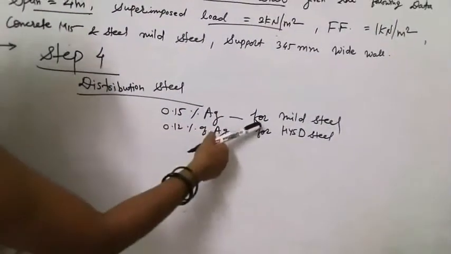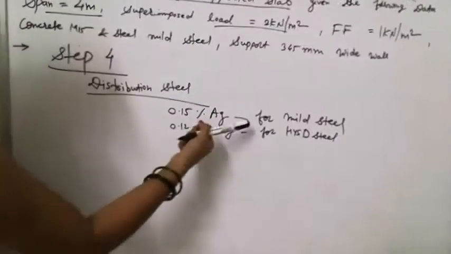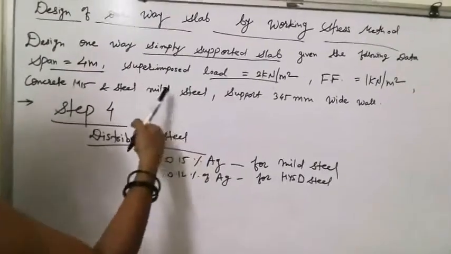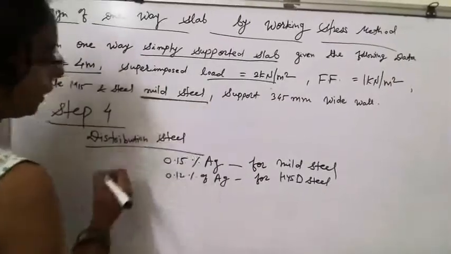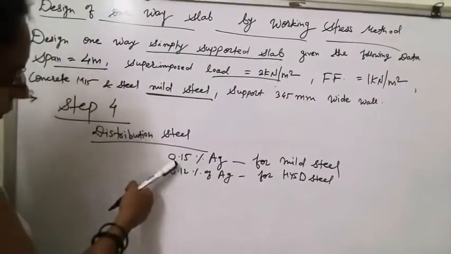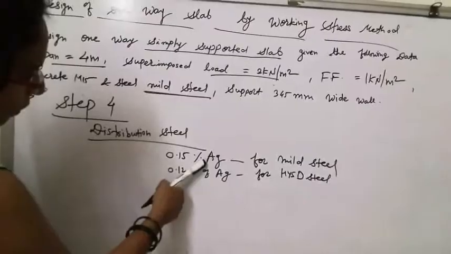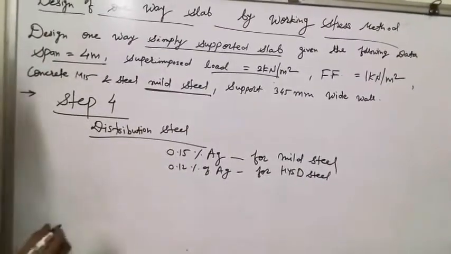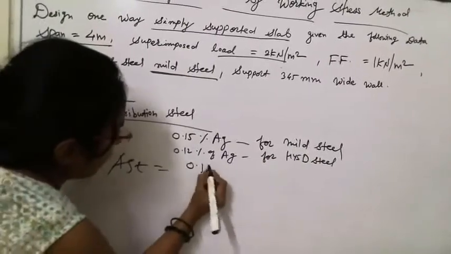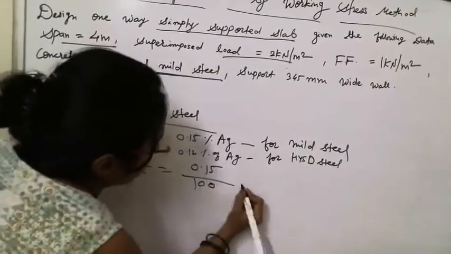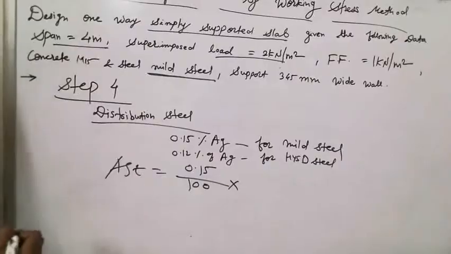What is given in the example? What grade of steel is provided? Mild steel is provided. That's why I am going to take 0.15% of Ag. Therefore, AST is equal to 0.15% of Ag.